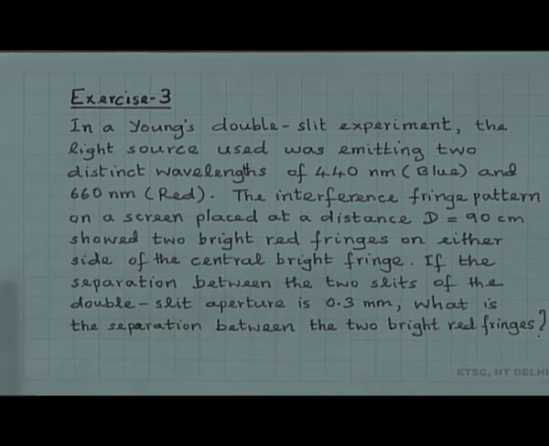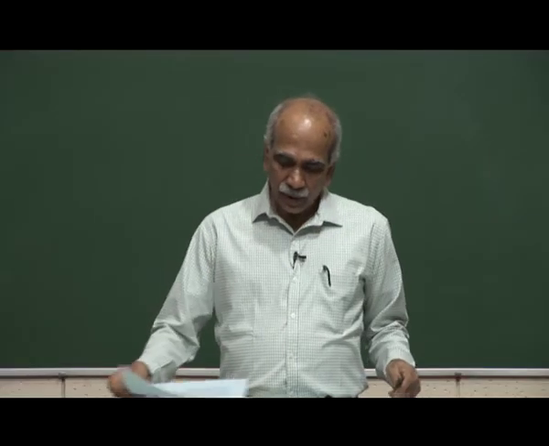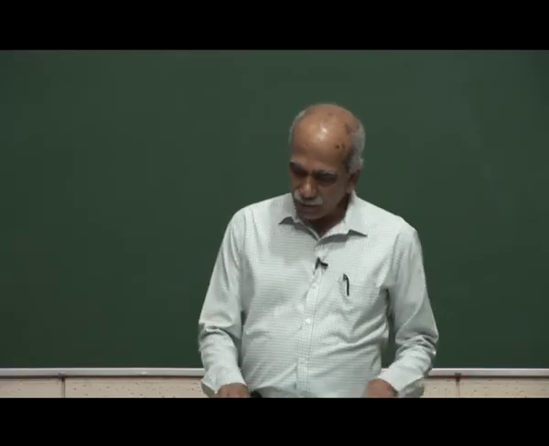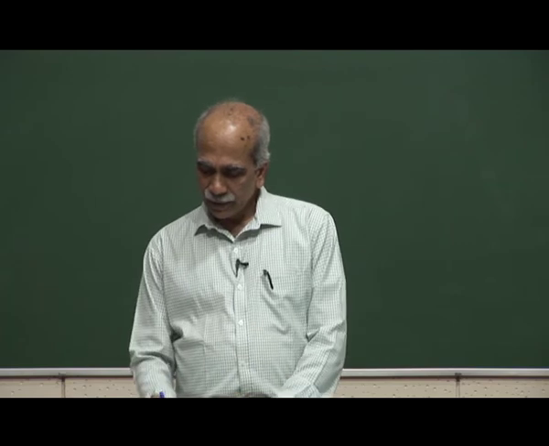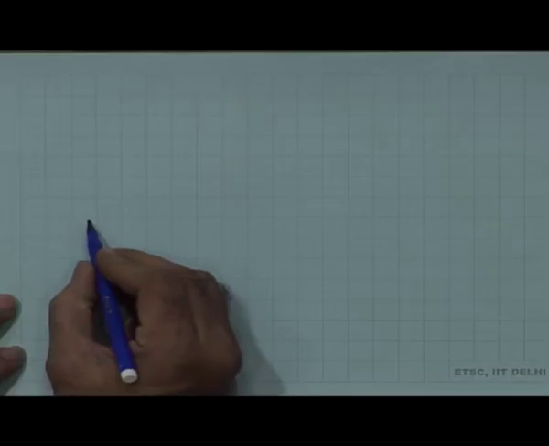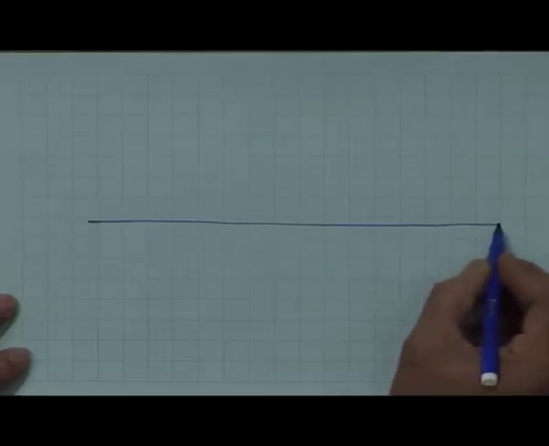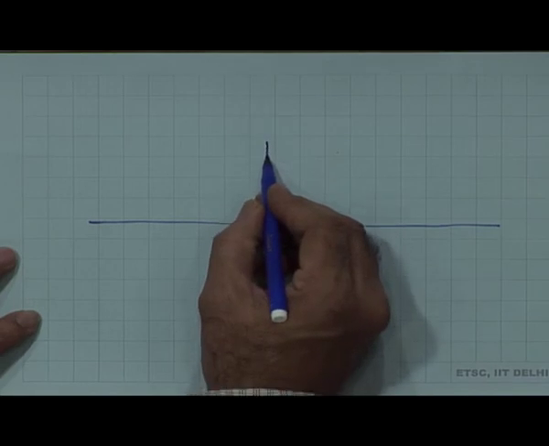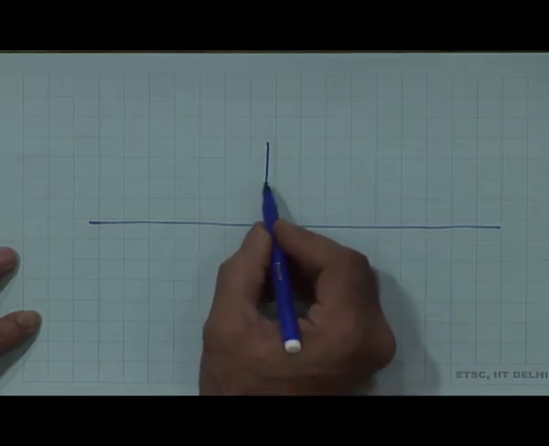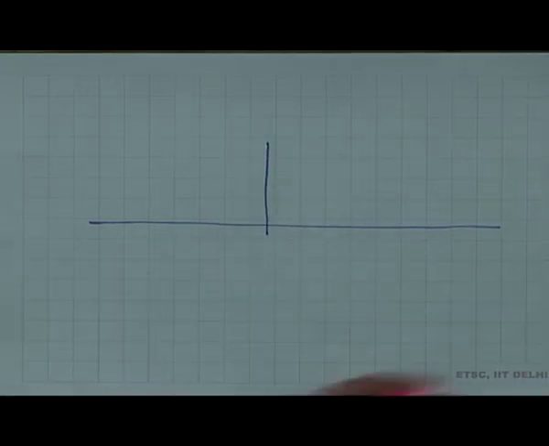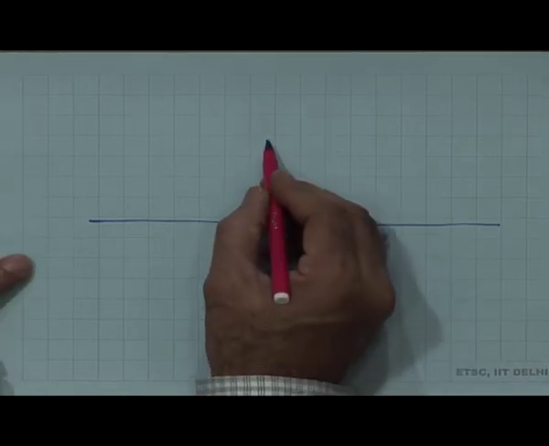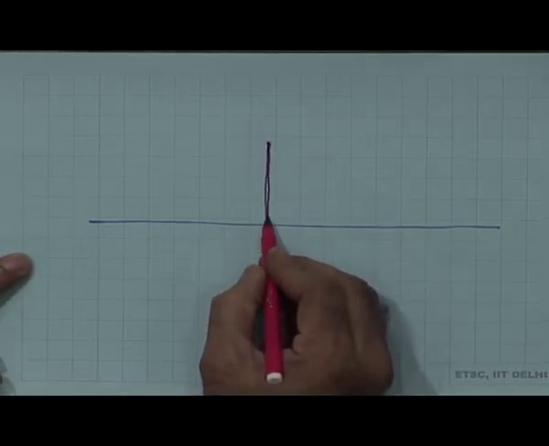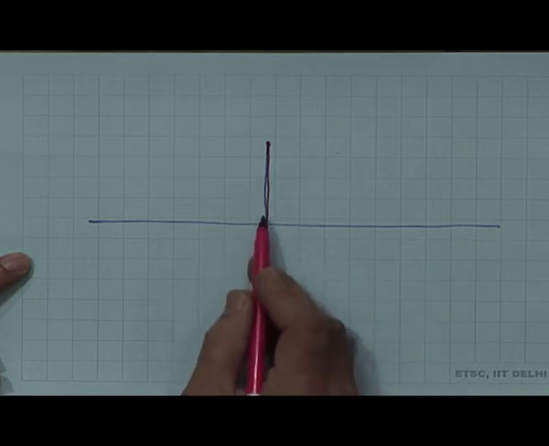Let us try to understand this problem. What is given is that at a distance d equal to 90 centimeters, you see the central fringe. The central fringe will have blue as well as red both at the same place, because we know that the path difference is 0.